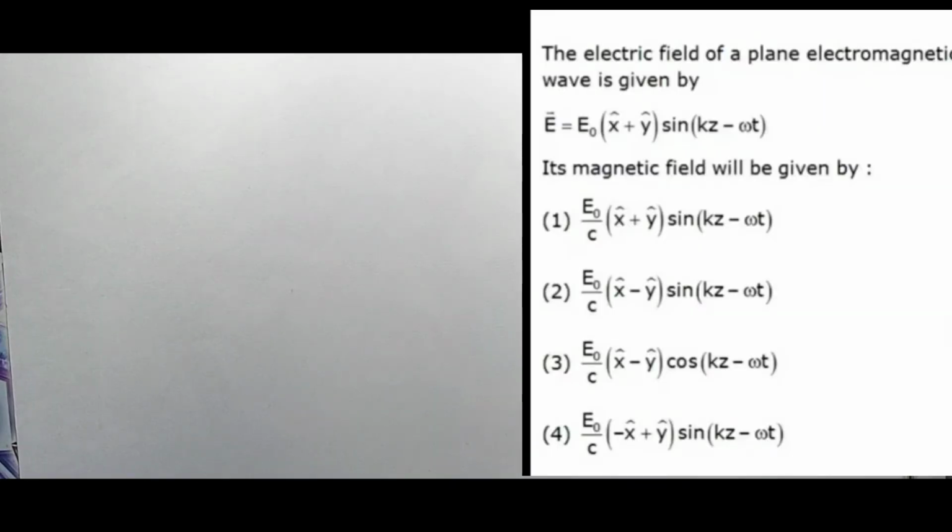The electric field of a plane electromagnetic wave is given by E bar is equal to E naught into x cap plus y cap sin kz minus omega t.